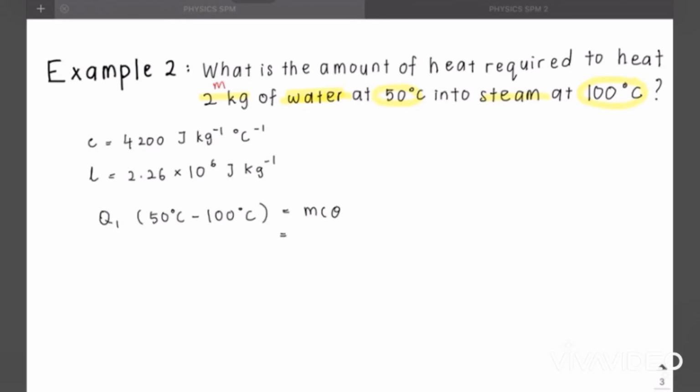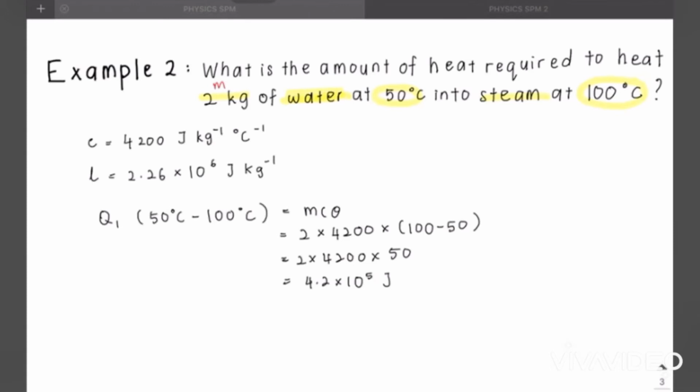Alright, so m is 2, c is 4200, theta is 100 minus 50, because there is temperature change. So you will get 2 times 4200 times 50, and the final answer is 4.2 times 10 power of 5 joules.